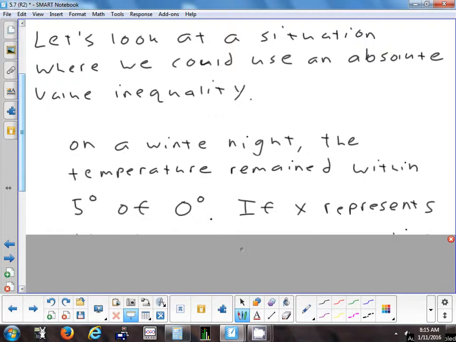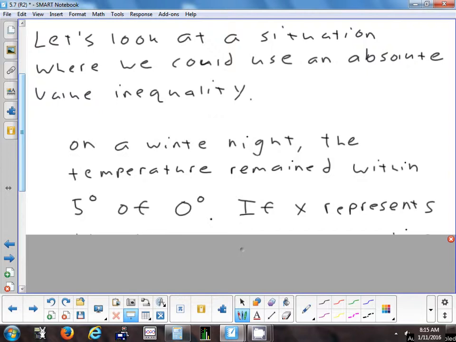All right, so let's say we had an example with temperature. It said that on one night, the temperature remained within 5 degrees of zero, all night long. What does that mean the warmest it could have gotten is? If it always stayed within 5 degrees of zero.